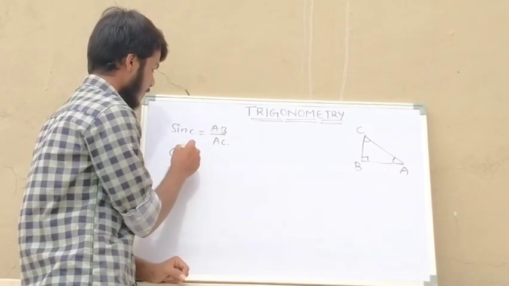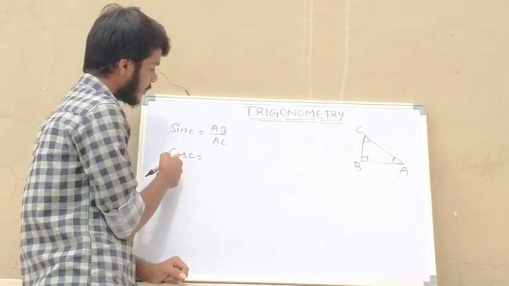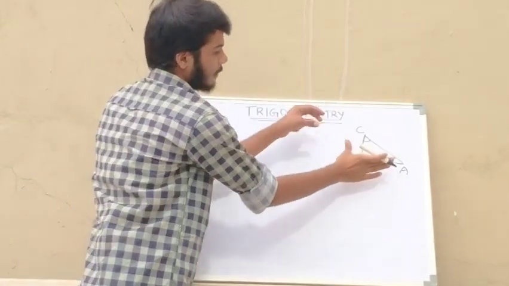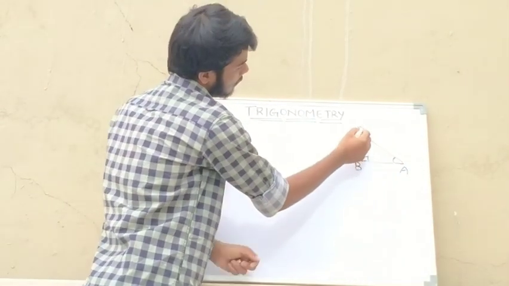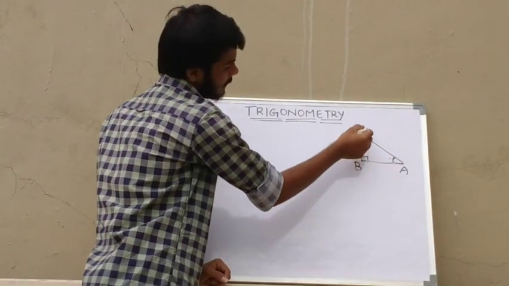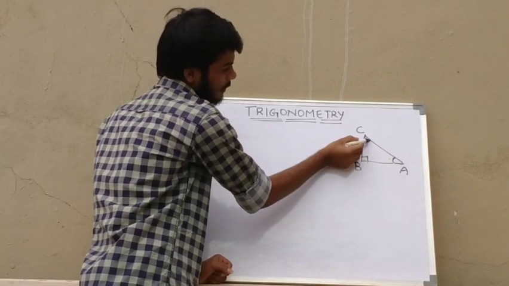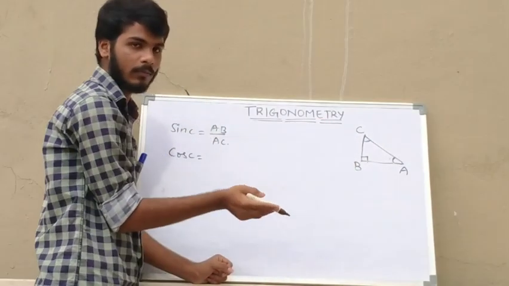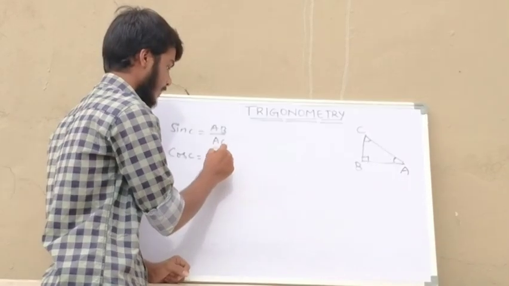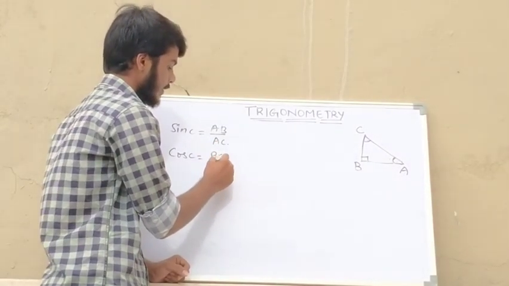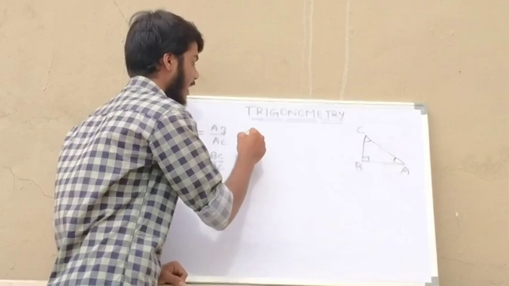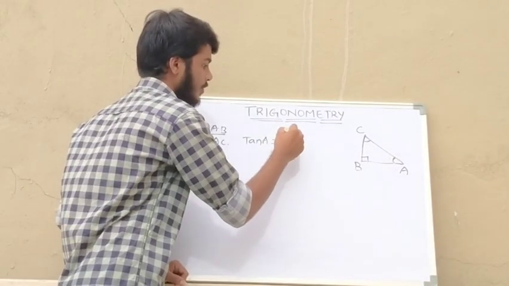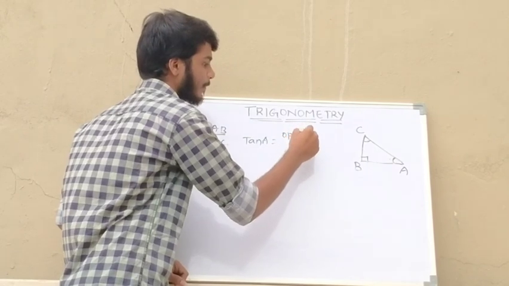Comes to cos C. Side adjacent to angle C. If you rotate this triangle, the adjacent side will be here, CB or BC, by hypotenuse is AC.